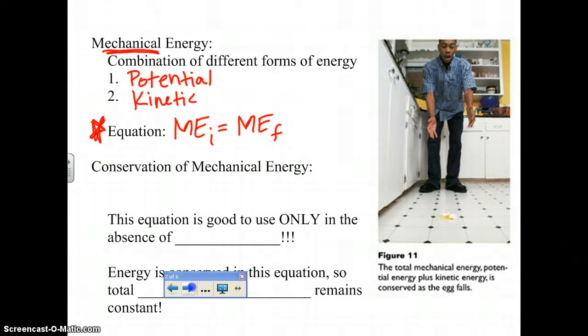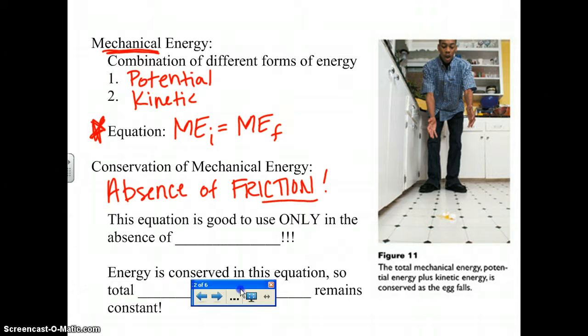So conservation of mechanical energy is only good in the absence of friction. Okay, it's only good in the absence of friction because it is the presence of friction that is going to give you non-mechanical energy.